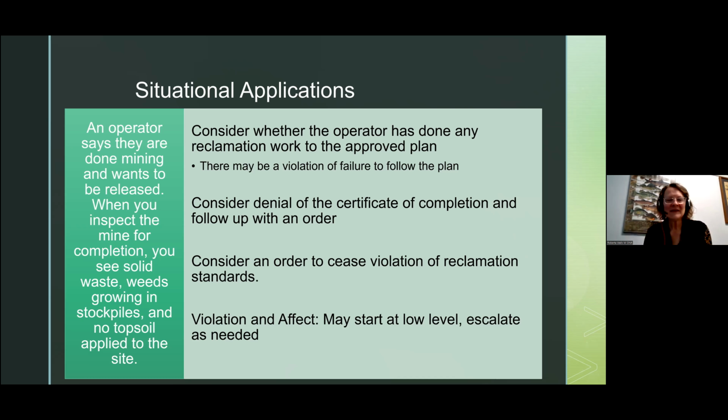If it doesn't look like the site can meet the provisions of the reclamation plan, like there's no topsoil there, maybe you want to issue an order to modify the plan so that they can, in effect, meet reclamation standards. So here's a situation where, yep, you want to start out at a low level, but you're going to need to escalate this as needed.